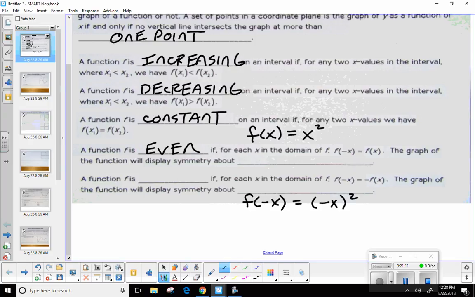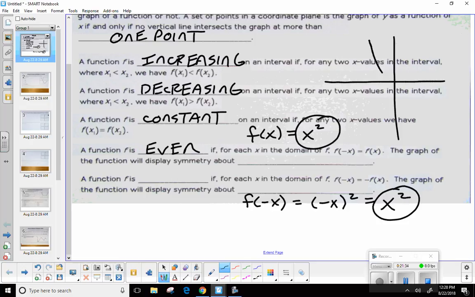Okay, you're always going to replace it with its opposite. Well, what happens when you square a negative? It's always positive, right? So negative x squared would be x squared. So if you're able to plug in negative x and you get the exact same equation, that's what we call even. Okay. In fact, think about the graph of x squared. It's going to look like this.